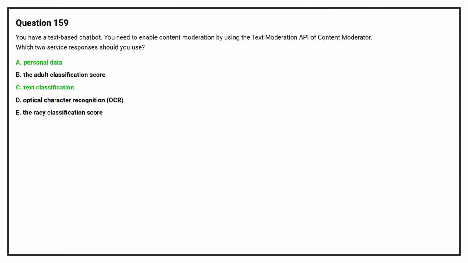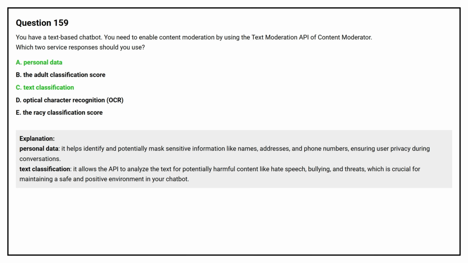The correct answers are Option A, personal data, and Option C, text classification. Personal data helps identify and potentially mark sensitive information like names, addresses, and phone numbers, ensuring user privacy during conversation.